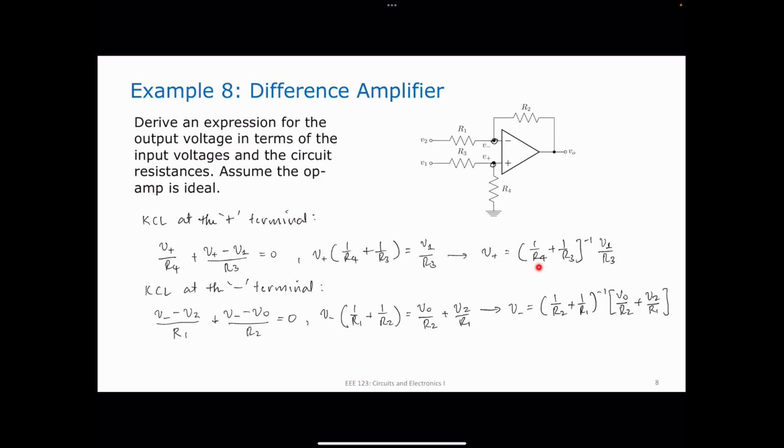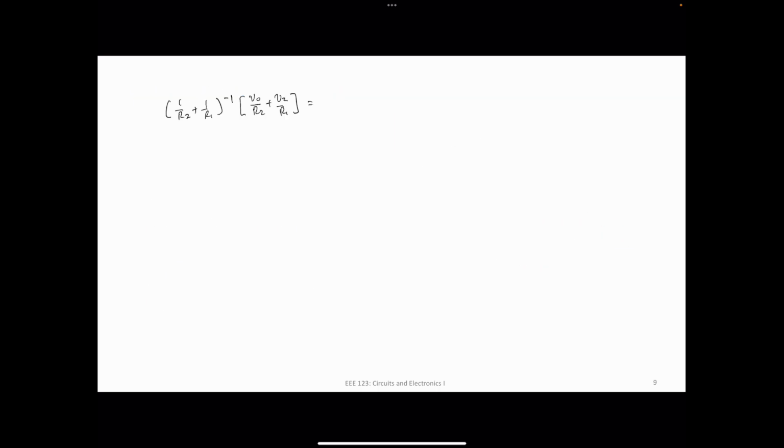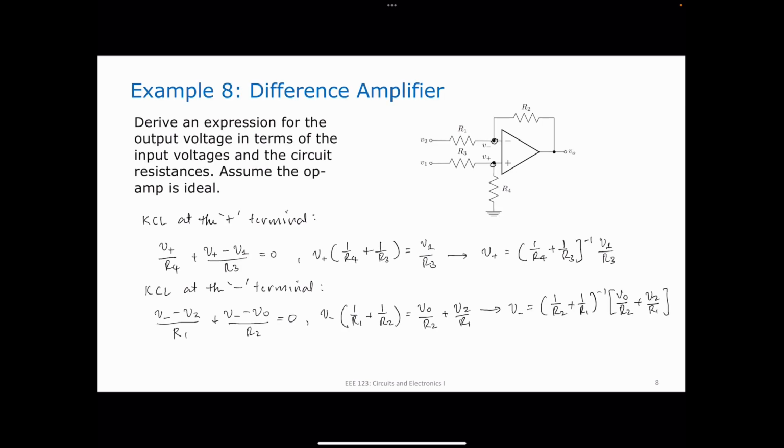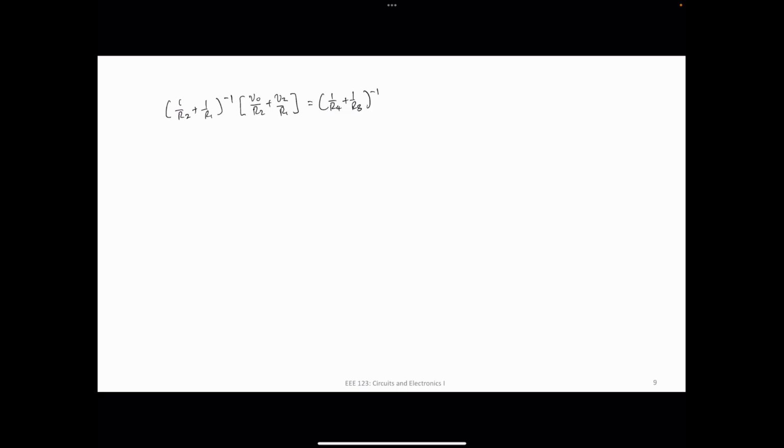That should be equal to V plus, which is (1 over R4 plus 1 over R3) raised to the minus 1 times V1 over R3.